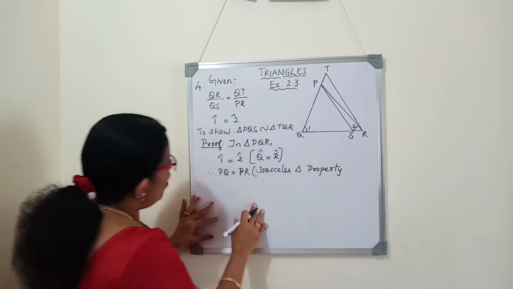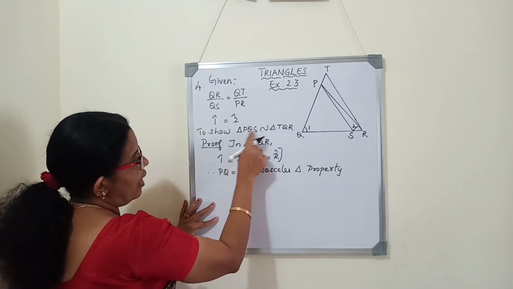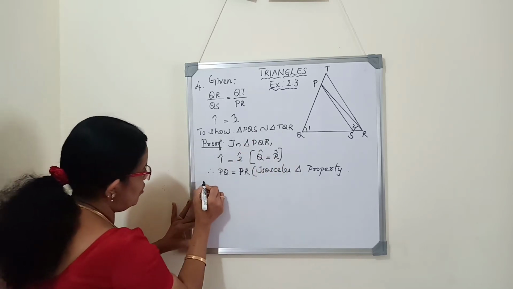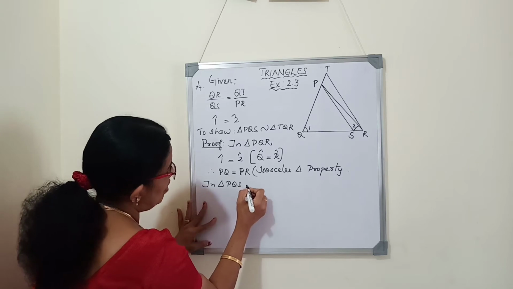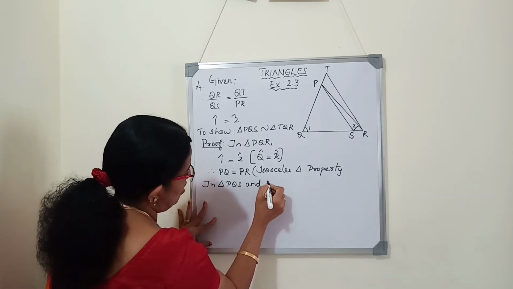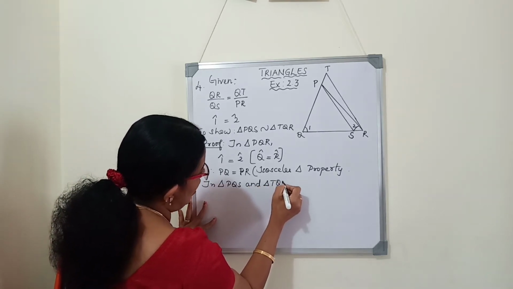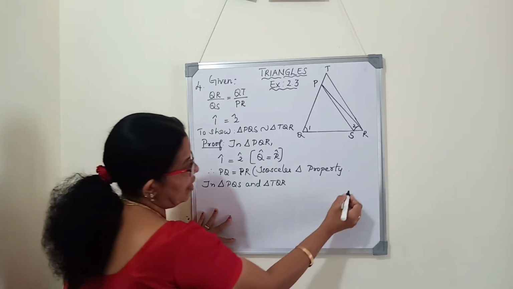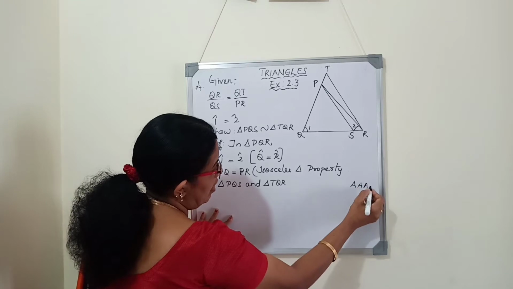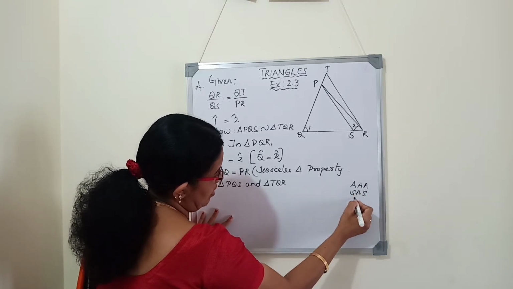Okay. Now we will start. We wanted to prove that these two triangles are similar. So, in triangle PQS and triangle TQR, to prove that these two triangles are similar, one of the similarity criteria we can use is AAA, SAS or SSS.